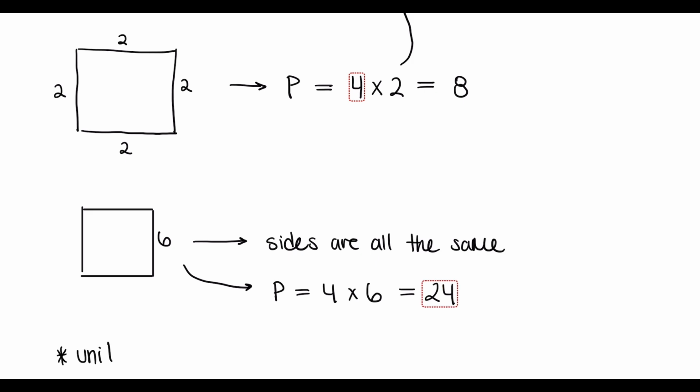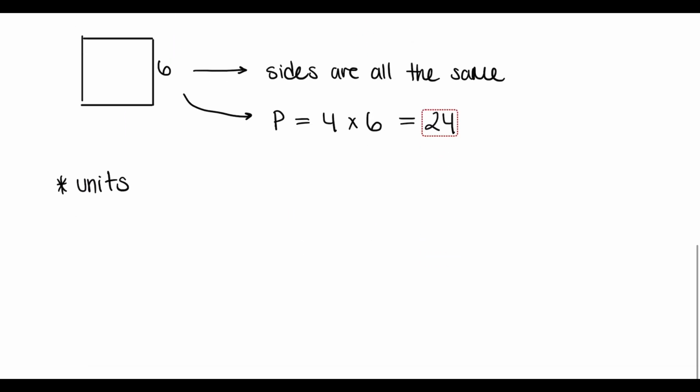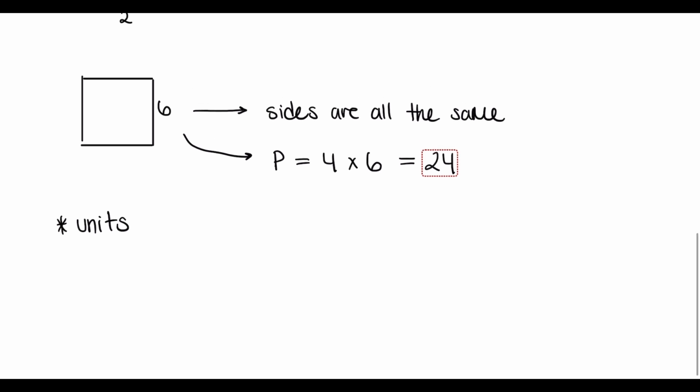Now let's talk about units. So back to the square with the side 6. Let's say it says 6 centimeters. Remember that perimeter, the units stay the same by the end.